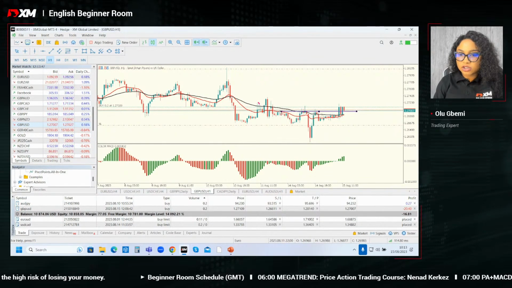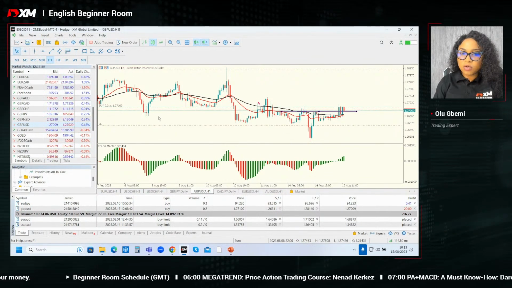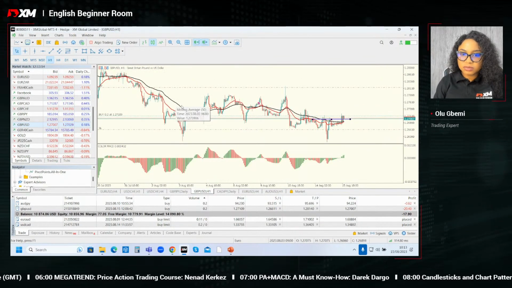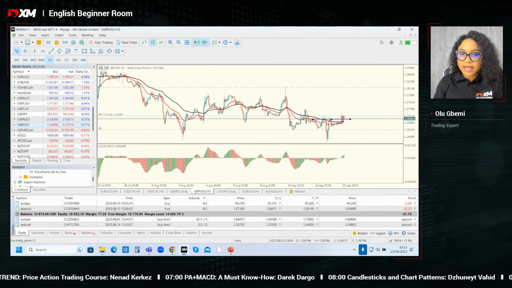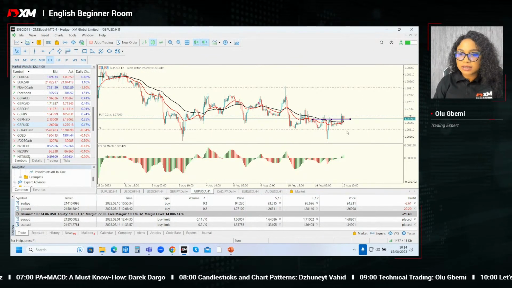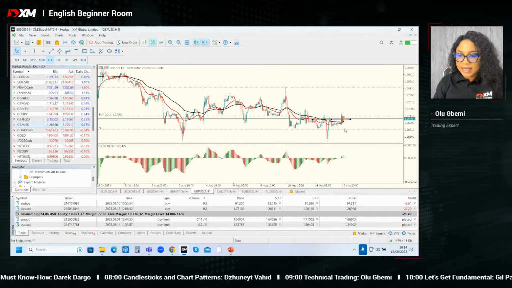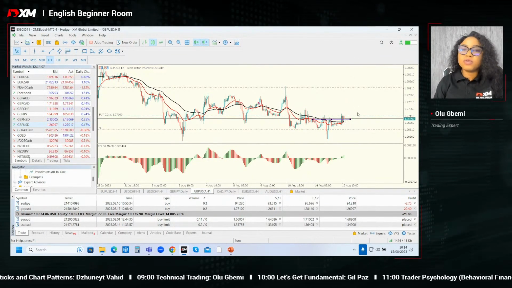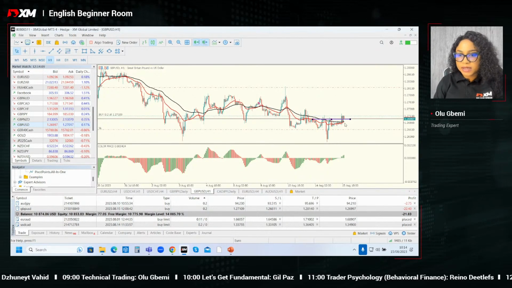How is it traded? It is below a downtrend. When the price has been moving down for a while, and then I see an inverted head and shoulders, it tells me that we will likely have an opportunity to the upside. Price is likely going to move to the upside. So that's what I'll be expecting.